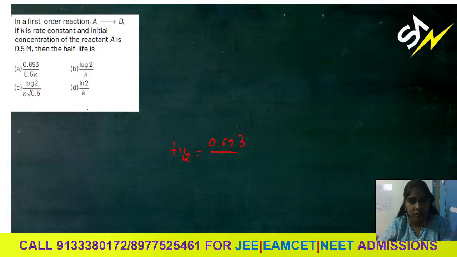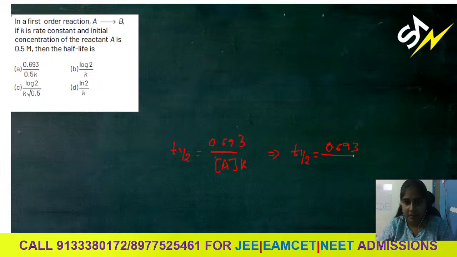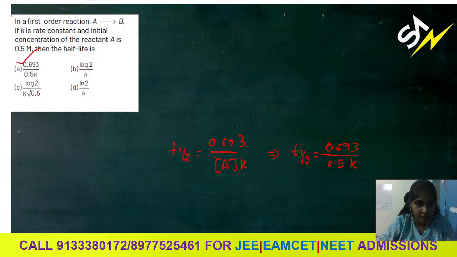What is the initial concentration given there? The initial concentration is A naught, that is concentration of A to rate constant. So this equation shows the half-life period in this question, that is T half shows 0.693 by what is this A? That is 0.5 K. So the answer here is option A.